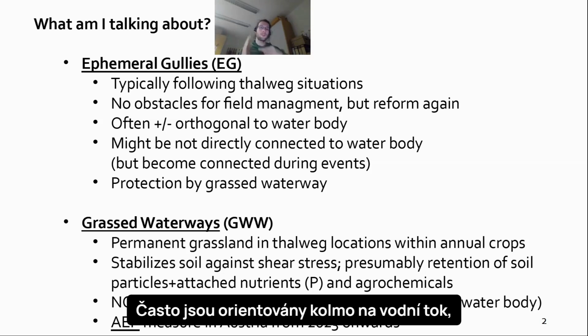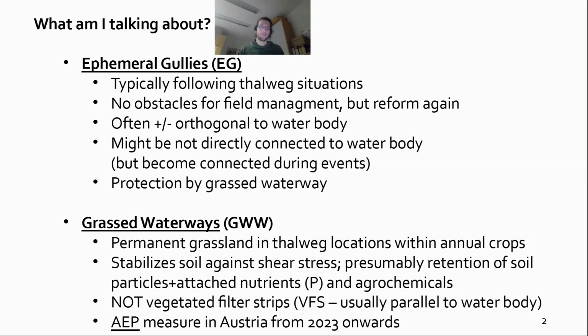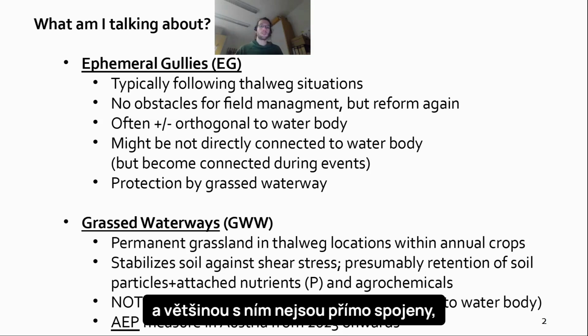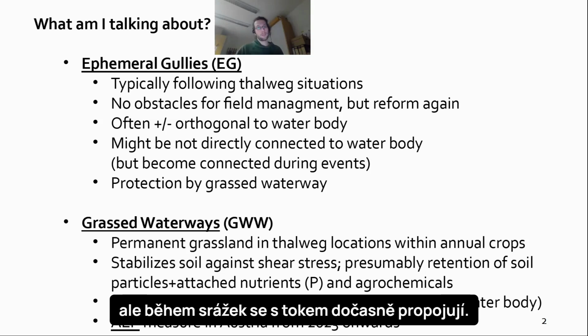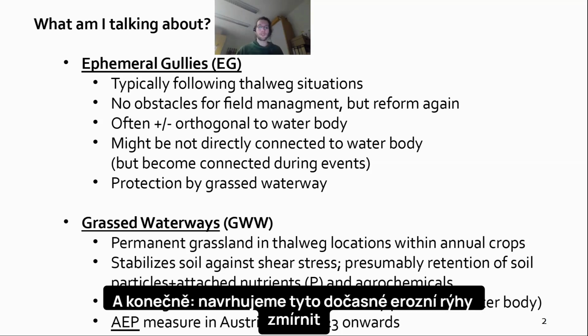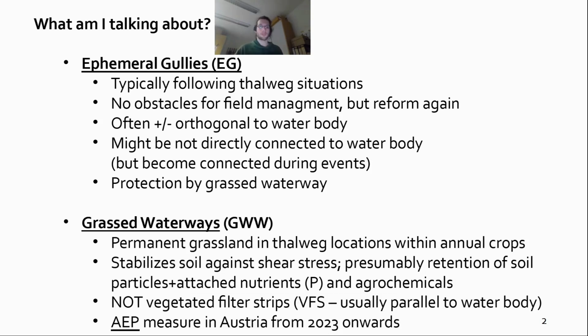They are often oriented orthogonal to a water body. They are often not directly connected to a water body, but they become connected during runoff events. And finally, we propose to mitigate these ephemeral gullies by installing grassed waterways.